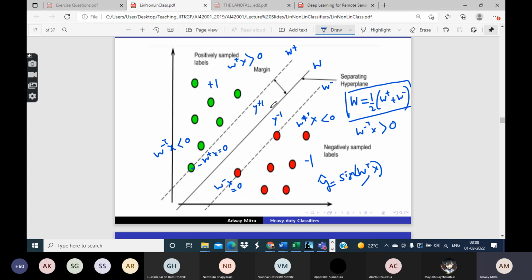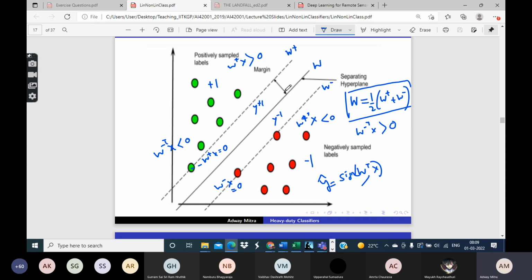Then such a shift may take it across the linear classifier, which means it will become wrongly classified. To avoid such risks of misclassification due to small changes in the feature values, what I want is a linear classifier which is sufficiently far away from both sets of points.